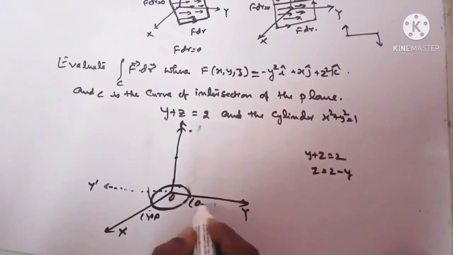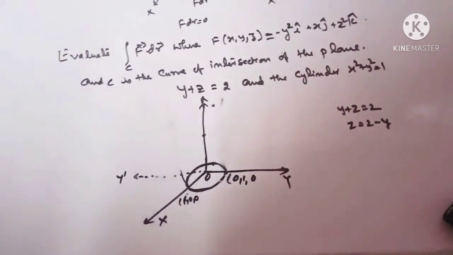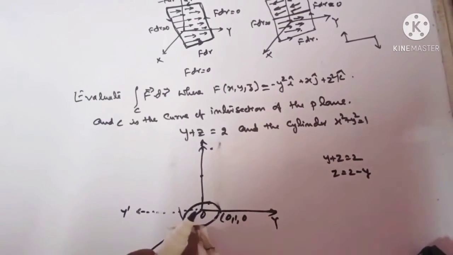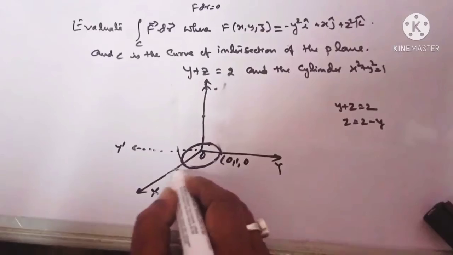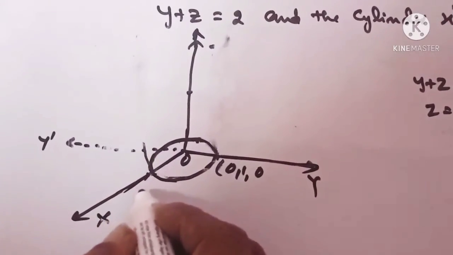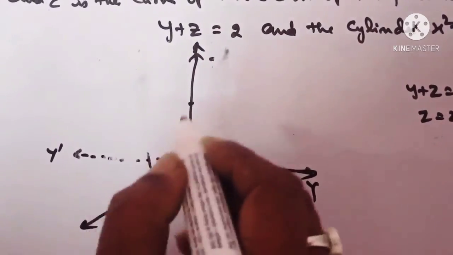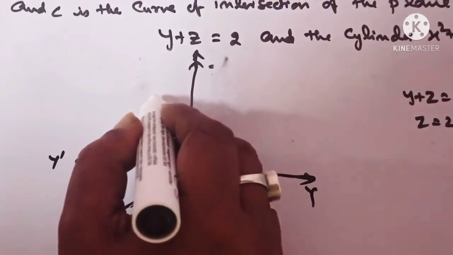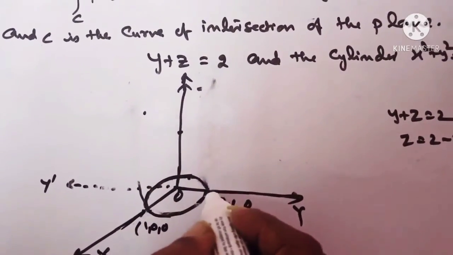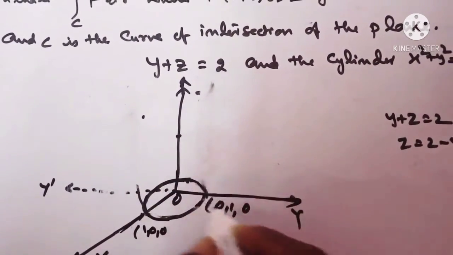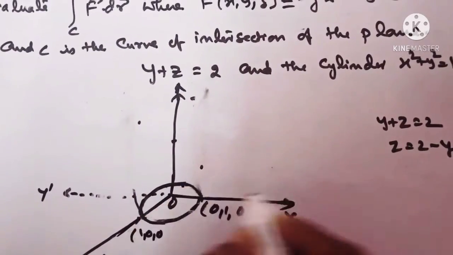This is 0 comma 1 comma 0, and this is 1 comma 0 comma 0. For y equal to -1 it is 3, for y equal to 1 it is 1, and for 0 it is 2.